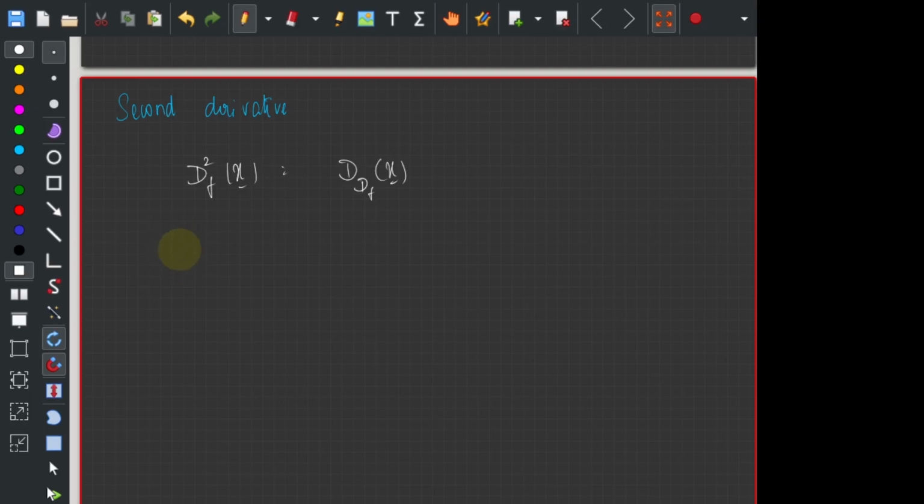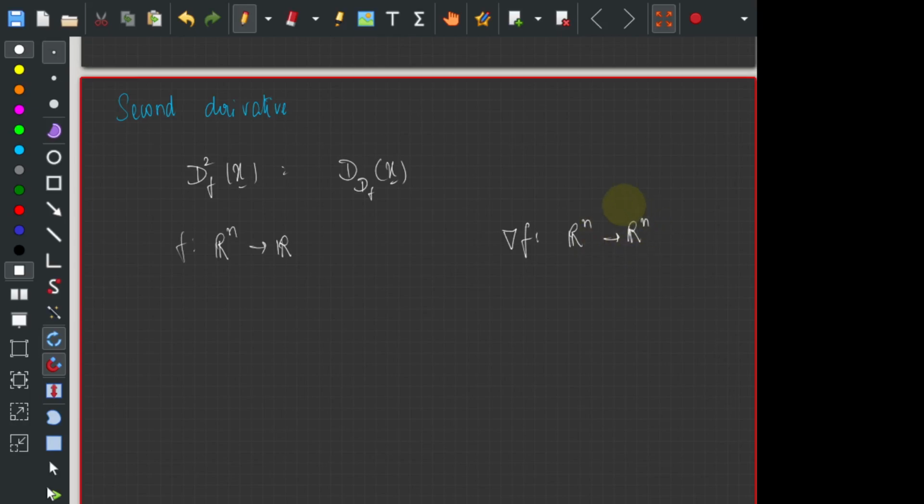So in general, if we have some function from Rn to R, remember that the gradient, given a particular function f from Rn to R, was an n by 1 vector. So what can you say about the second derivative? The gradient is basically a function from Rn to Rn.